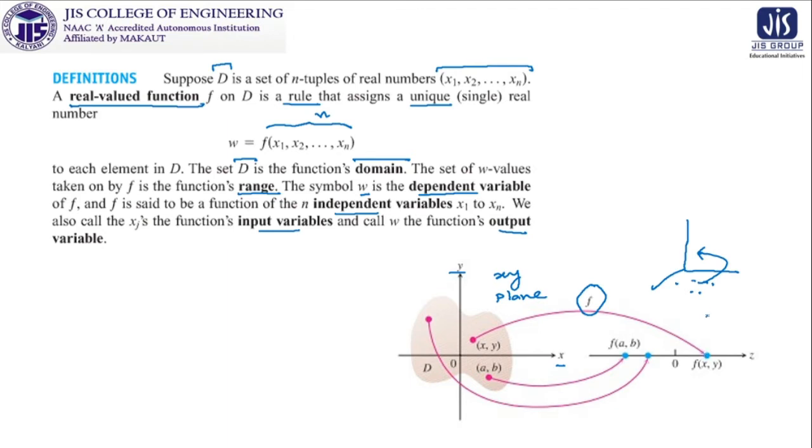So now proceeding further, domain and range, which are already discussed. Now we are going to give you some examples. In defining a function of more than one variable, we follow the usual practice of excluding inputs that lead to complex numbers or division by zero, because we are thinking about real valued functions.